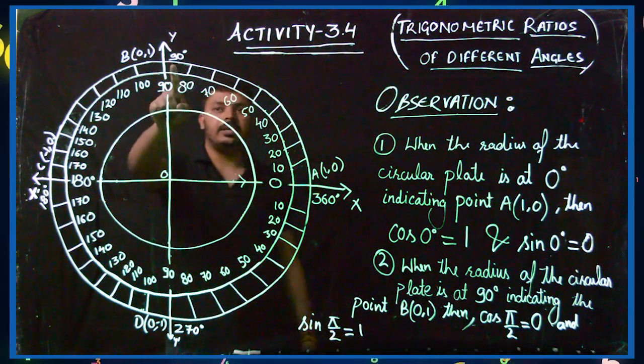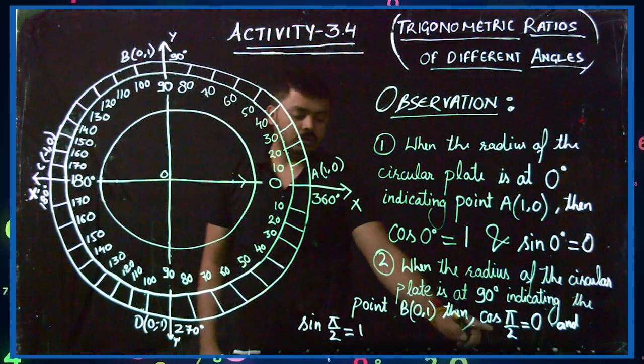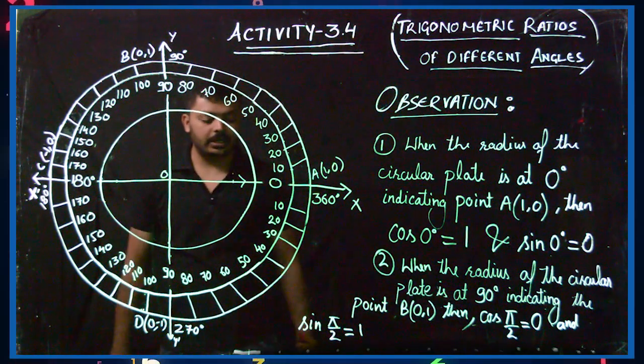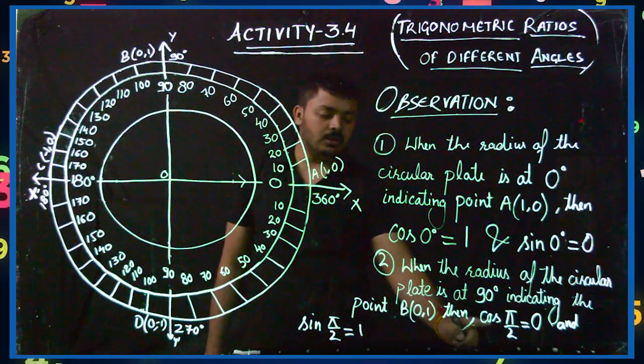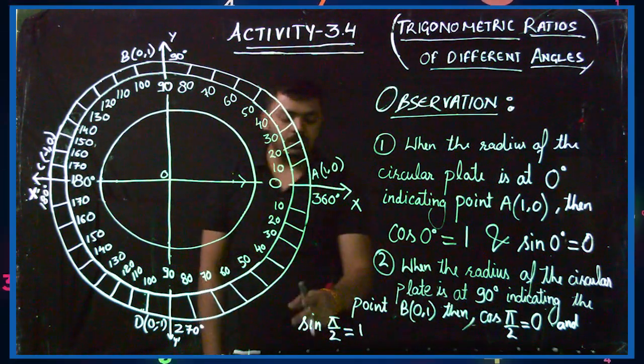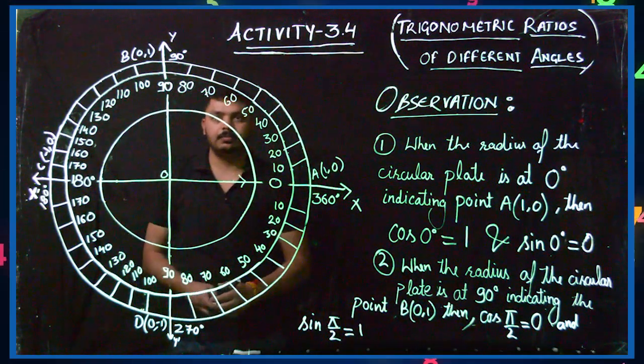So at 90 degree, the value of cos pi by 2 is 0, and the value of sin pi by 2 is 1.